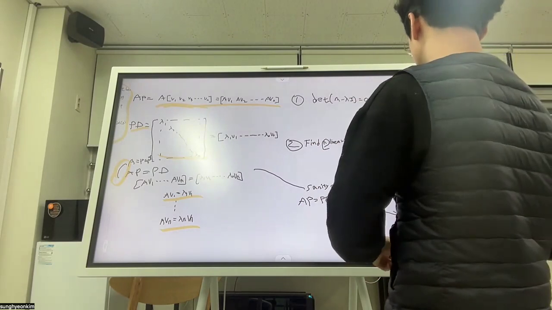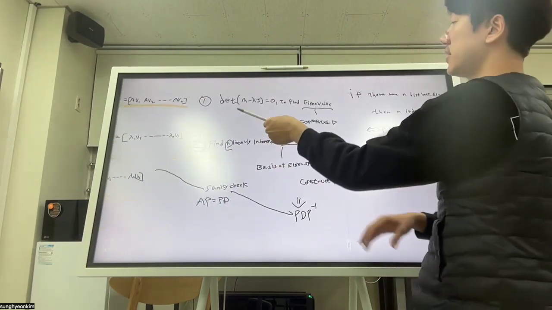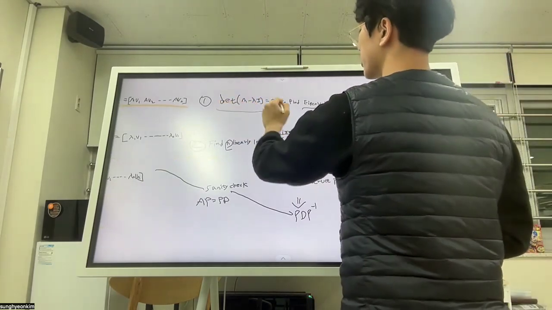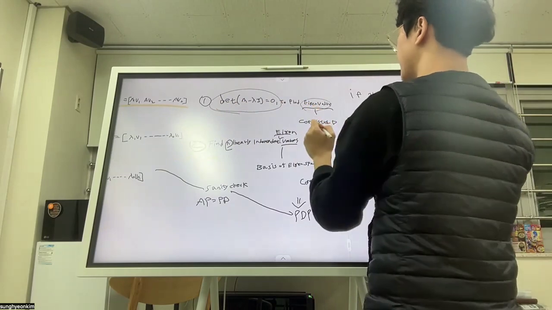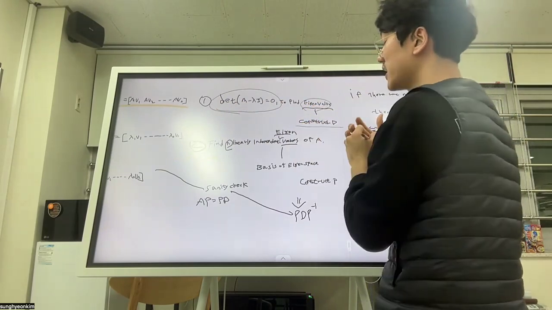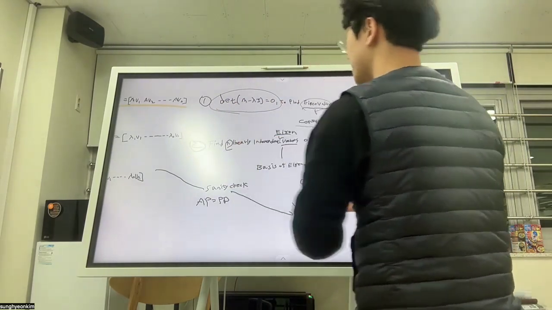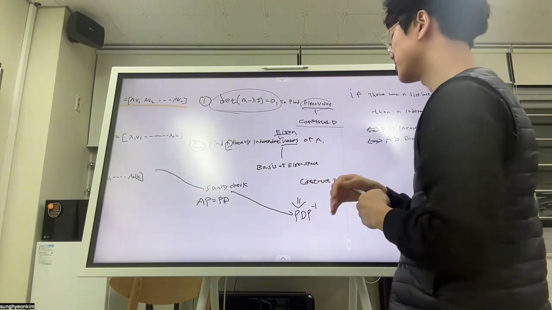And when you do factorization, you can easily do it by solving determinant of A minus lambda I equals 0, and you can find the eigenvalues, which will construct matrix D. And by that, you can find linearly independent eigenvectors, or a basis of the eigenspace.